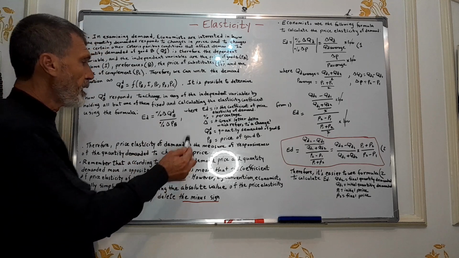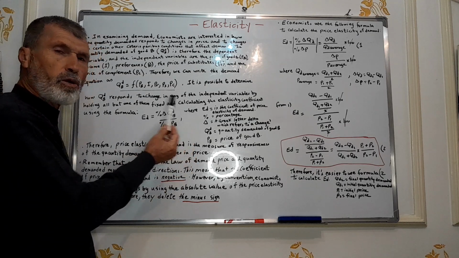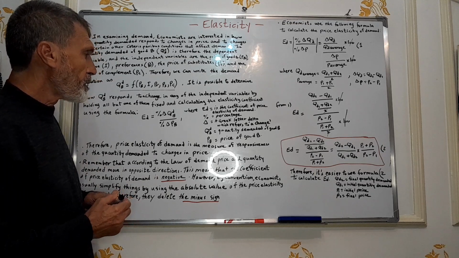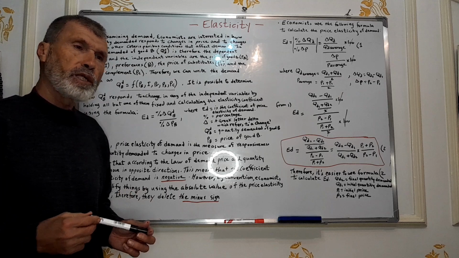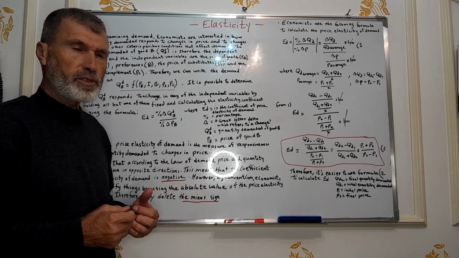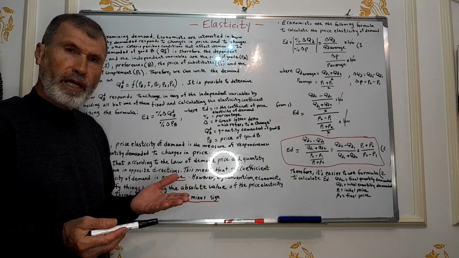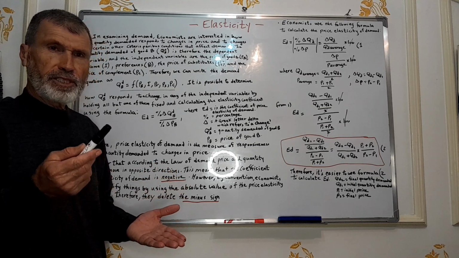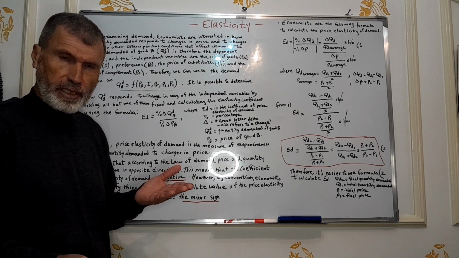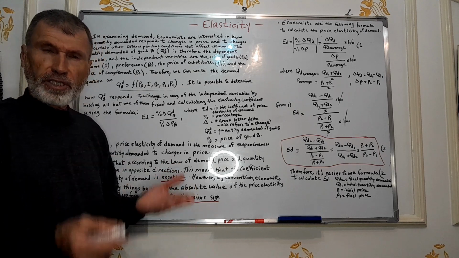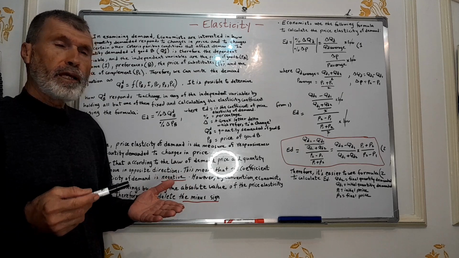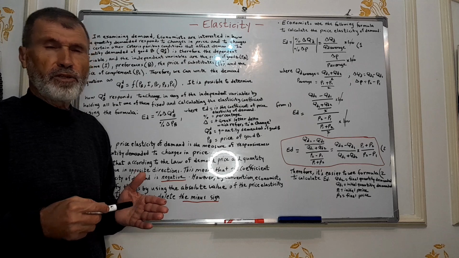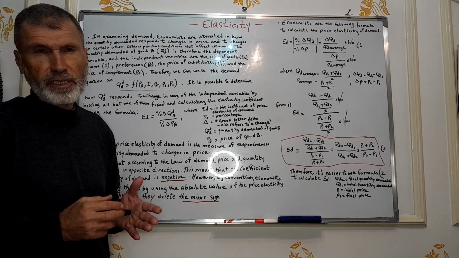Now, here, as you can see, ED is the coefficient of the price elasticity of demand. Remember that economists usually, to simplify things, because of the law of demand, which shows that there is an inverse relationship between the price and the quantity demanded, or a negative relationship, we will always get a negative value of the coefficient of the price elasticity of demand.